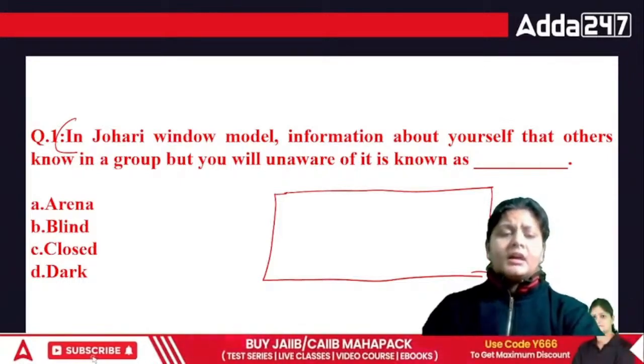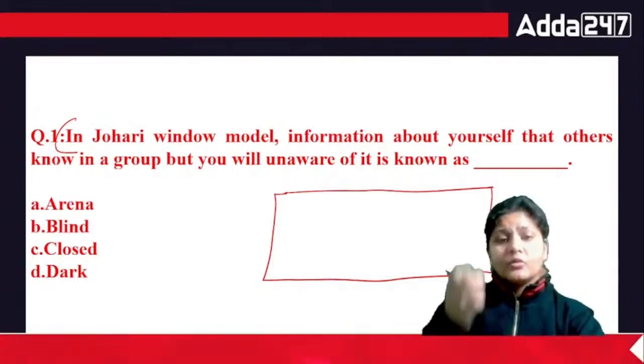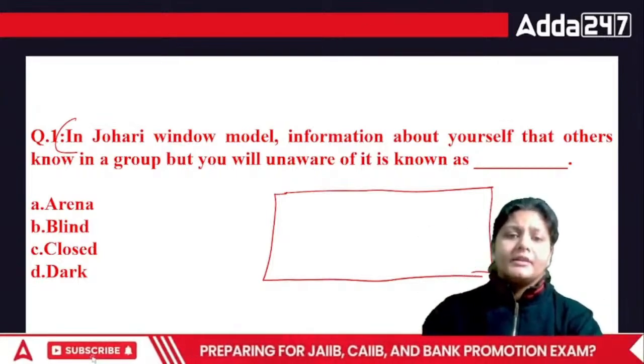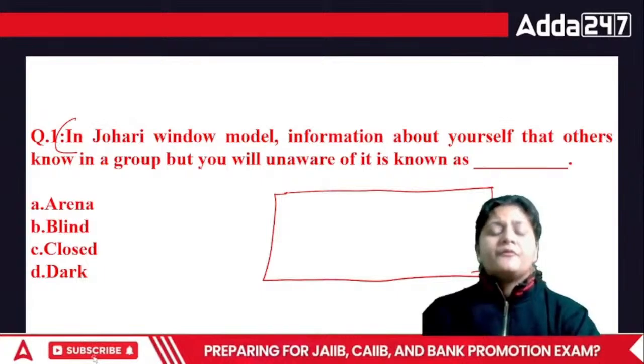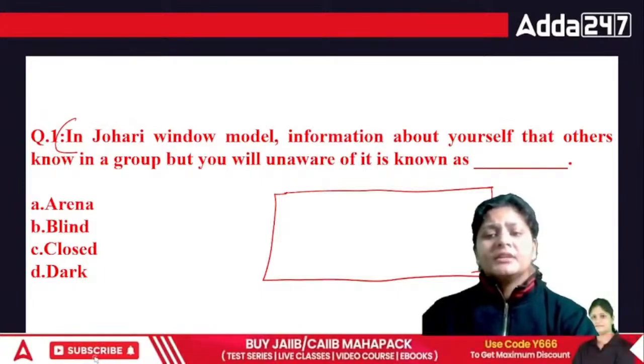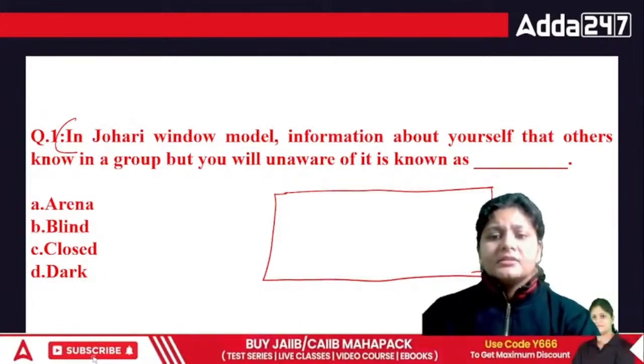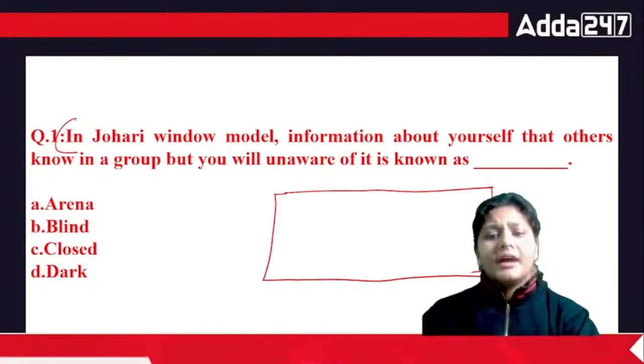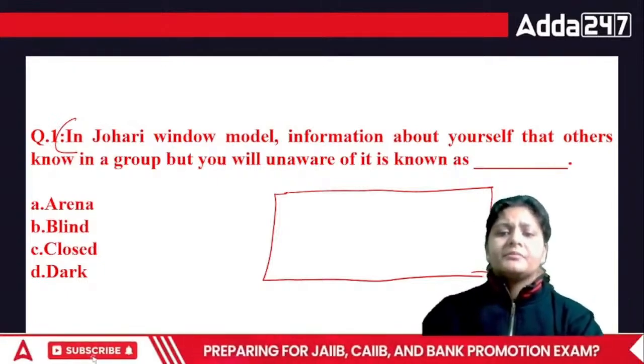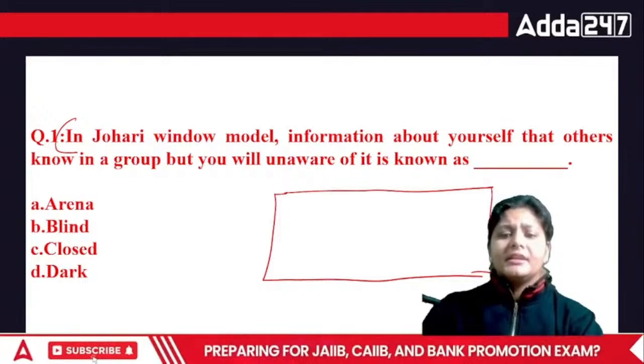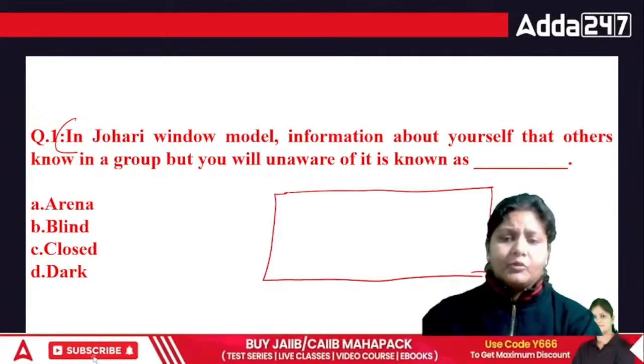In the December exam there was a question on who gave the Johari window model. The two famous psychologists who gave the Johari window are Joseph Luft and Harrington Ingham. When we shorten their names, the Johari is named from their names only.